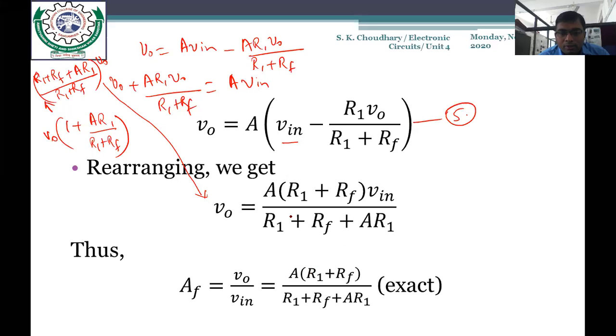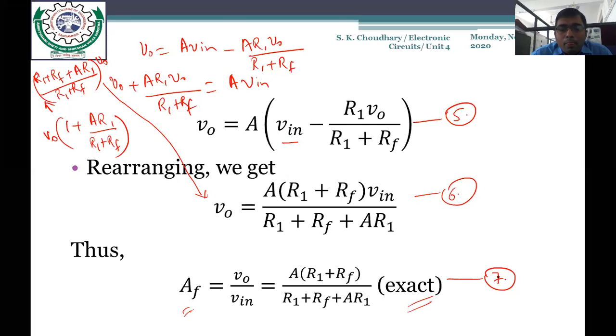So V0 is this equation, you can see equation 6. Take the reference of equations 1 and 6 and substitute this value upon V in, so V in cancels out. So AF is A into (R1 plus RF) upon R1 plus RF plus A R1. This is the exact value of the closed loop gain of the voltage series feedback amplifier. This is equation number 7.